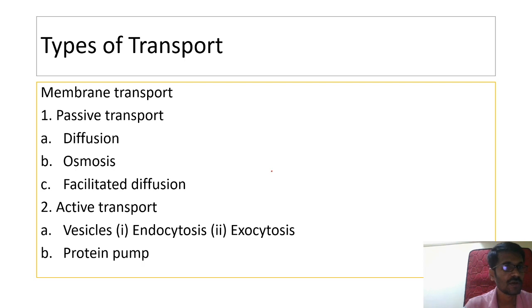The next point is all about types of transport. Transport of ions or molecules through a semi-permeable membrane is called membrane transport. The first transport mechanism is passive transport. The name itself indicates it. In passive transport, there is a transport of molecules from higher concentration to lower concentration.